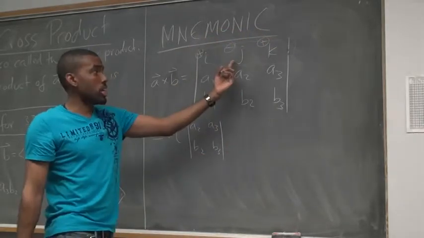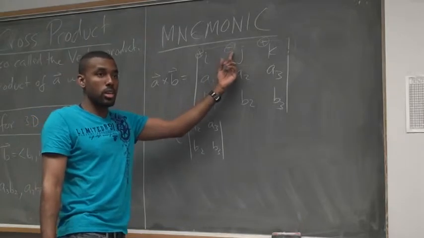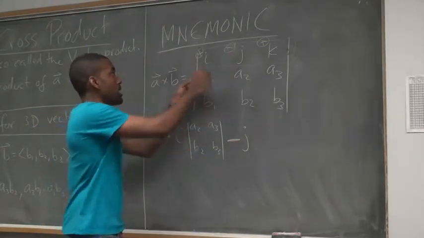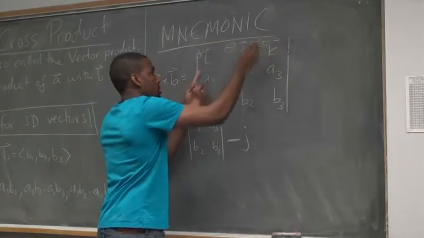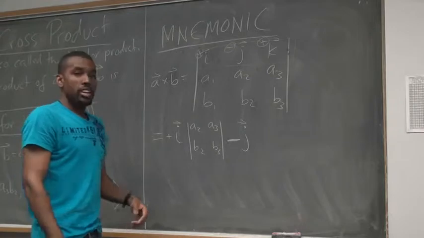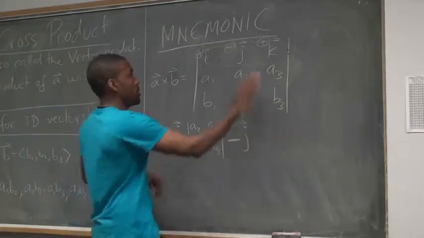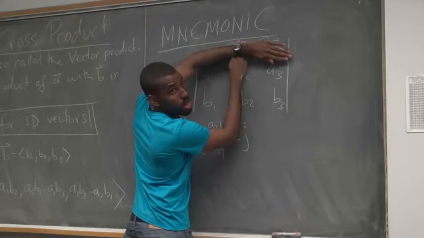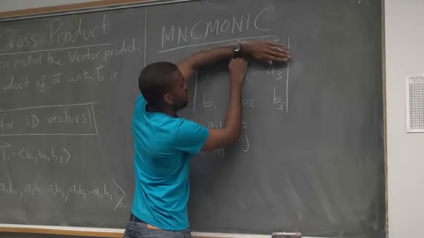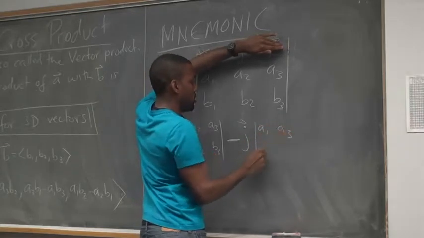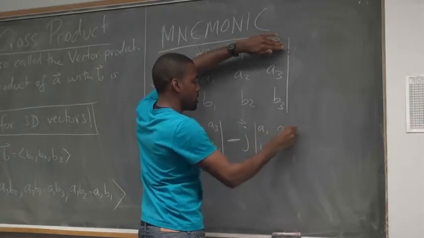Now you move on to the J. That takes a negative sign, so it's minus J. And by the way, the IJK here is the I hat, J hat. You do exactly the same thing. Take out everything in that row and column. See the remaining box? You're going to write that down: A1, A3, B1, B3.